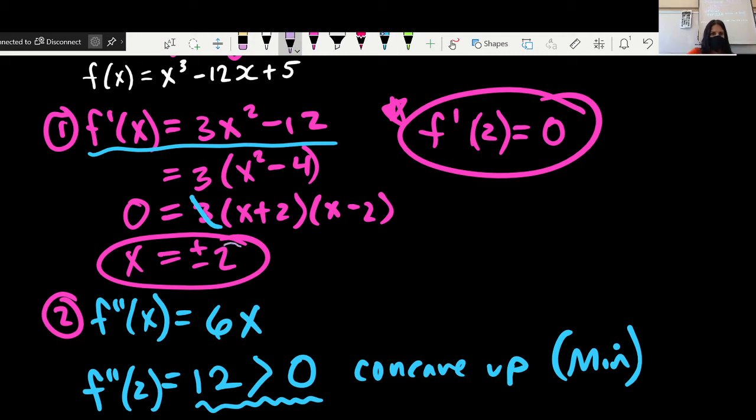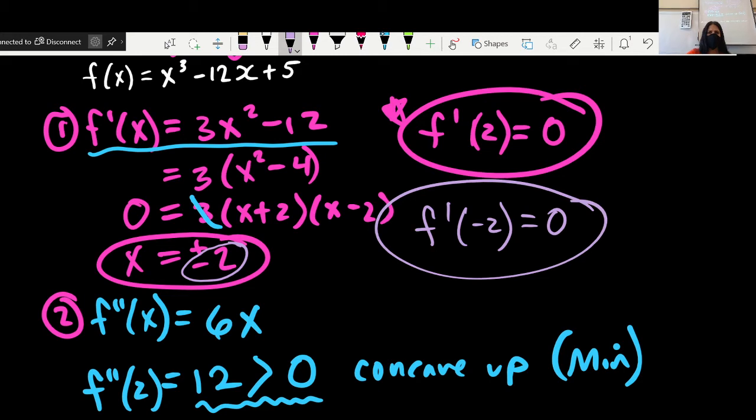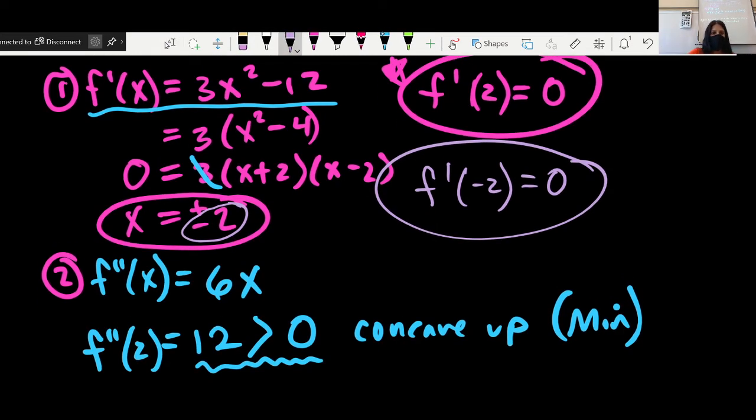Let's do the same thing, but maybe using the minus 2 this time. So if I were to do f prime of minus 2, we know that that's equal to 0. That's how we got to this in the first place. So if we want the second derivative and we're dealing with minus 2 here, we would get negative 12, because we're plugging it into here, right?